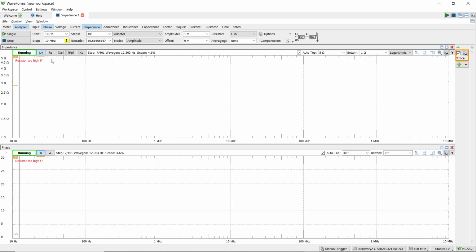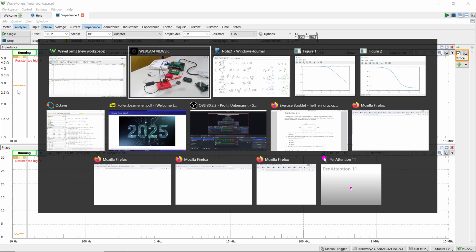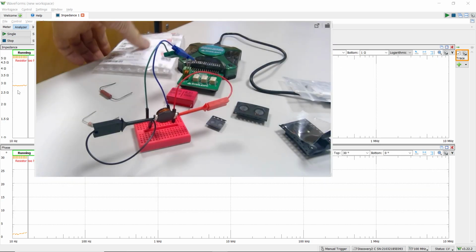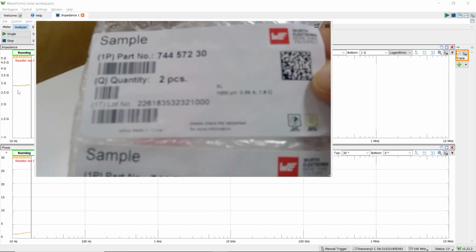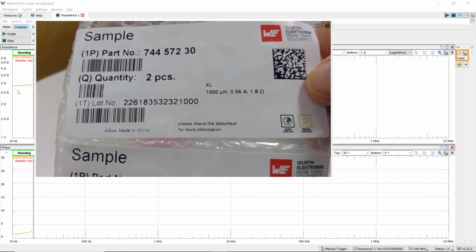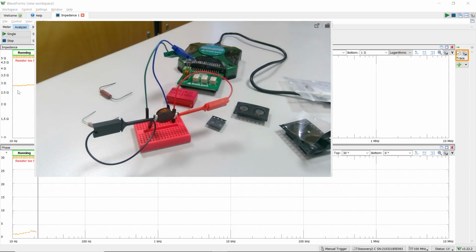But then we can see, okay, we start with something like 2.5 to 3 ohm, a bit more than the advertised 1.8 ohm, but this is probably due to my fixtures here, the many additional cables that I've attached there.